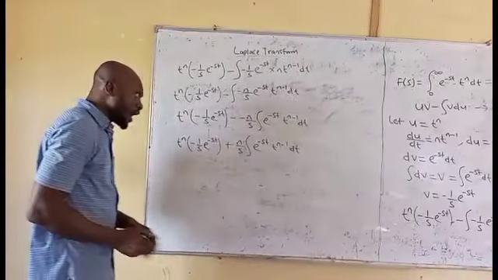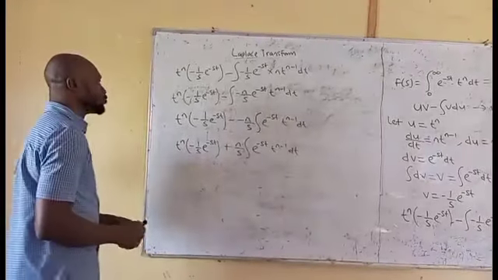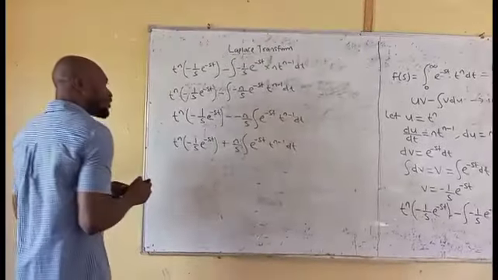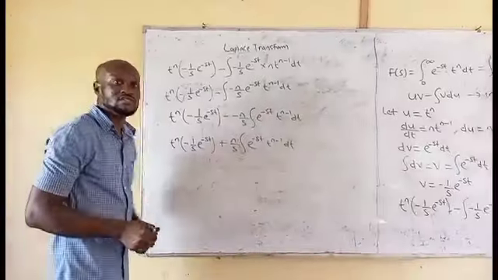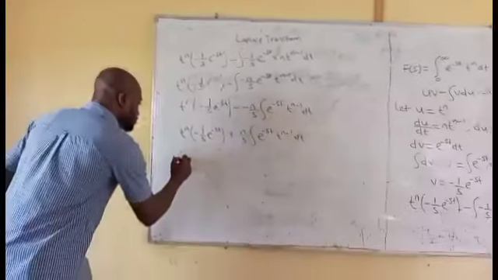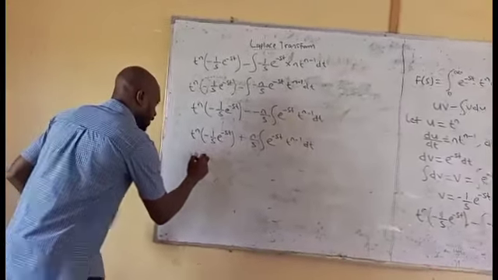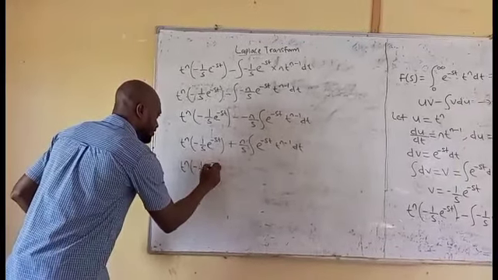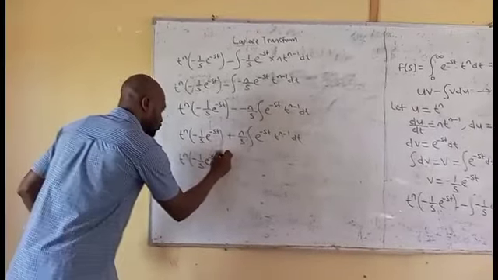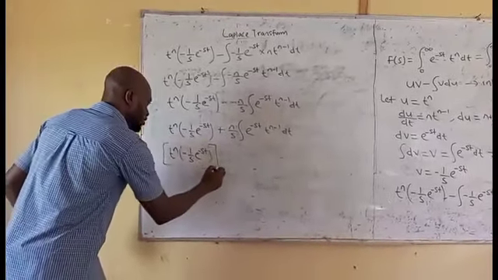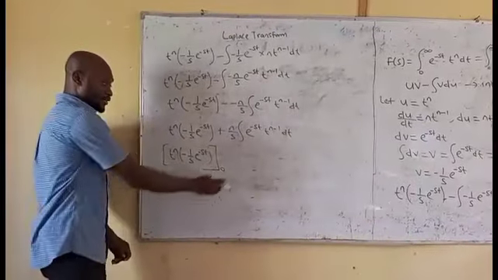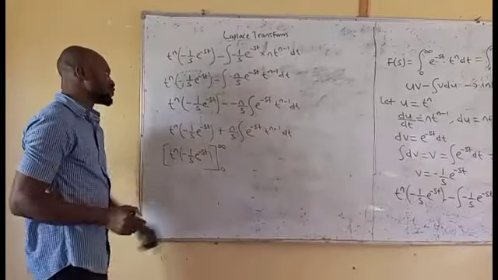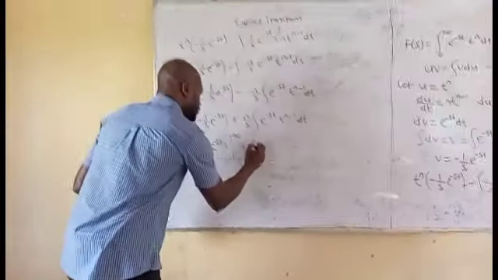So now, I want to include my limits. If I'm to include my limits, I will include the limit from 0 to infinity as usual. And I have t raised to the power of n into minus 1 over s exponential minus st. So these are the limits, from 0 to infinity, plus n over what?